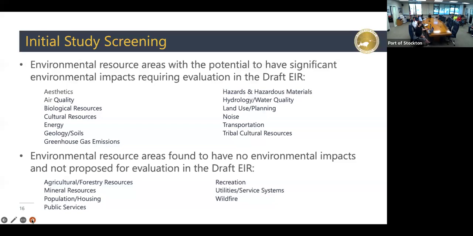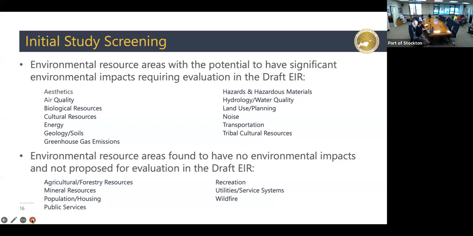To identify probable environmental effects, the port completed an initial study for the proposed project based on the CEQA Appendix G environmental checklist. The initial study provides a preliminary analysis to determine the relative environmental impacts associated with the proposed project.